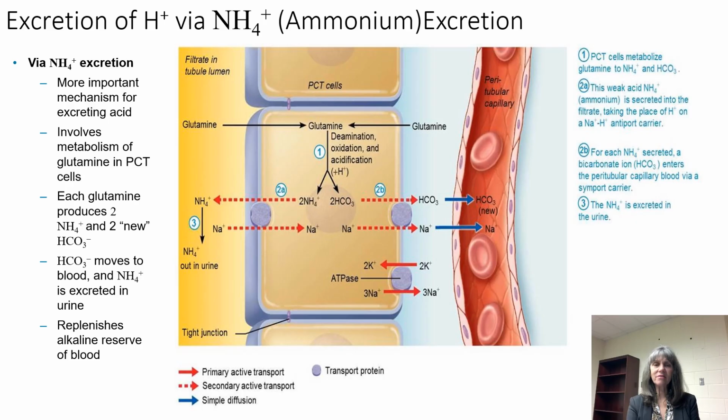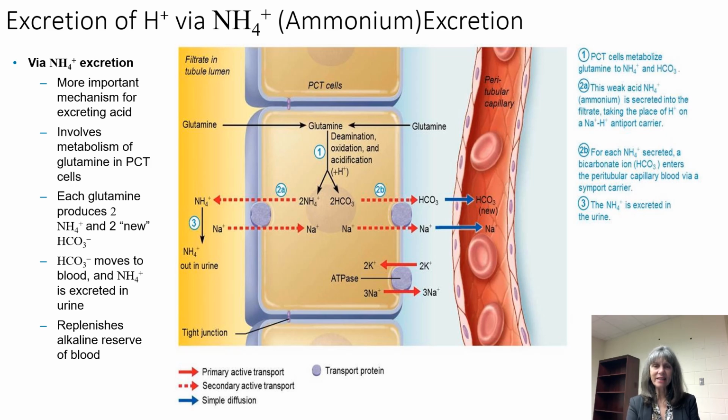Now on the right side of this proximal convoluted tubule cell, you'll follow the 2 bicarbonate molecules, and they will be symported out of that cell with sodium, because bicarbonate is negatively charged and sodium is positively charged.